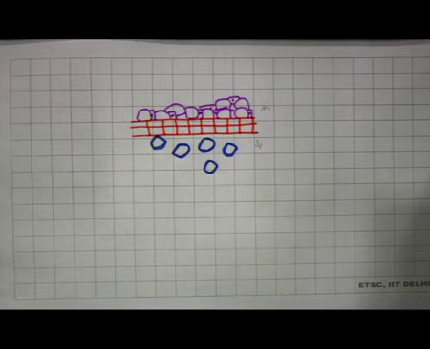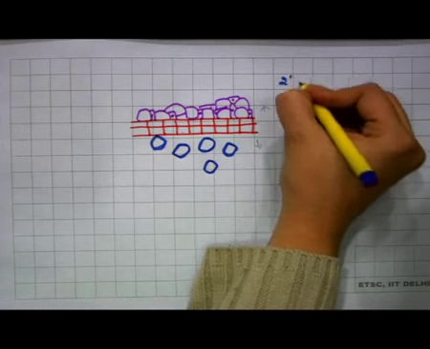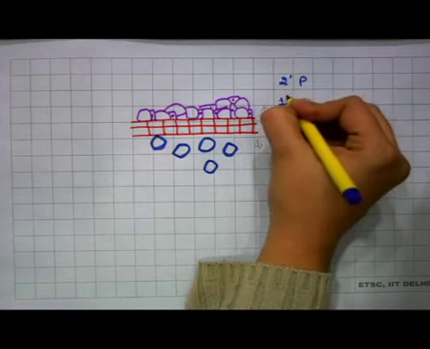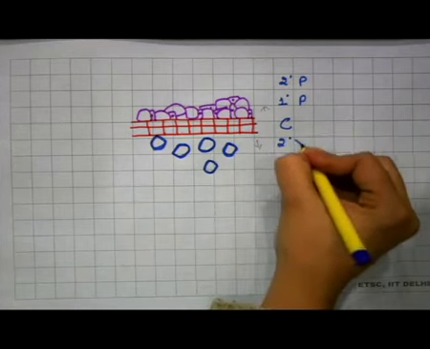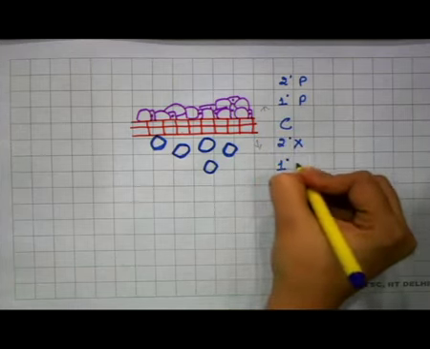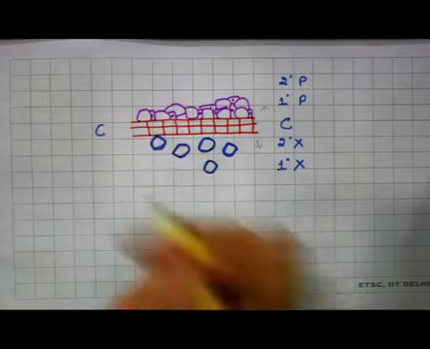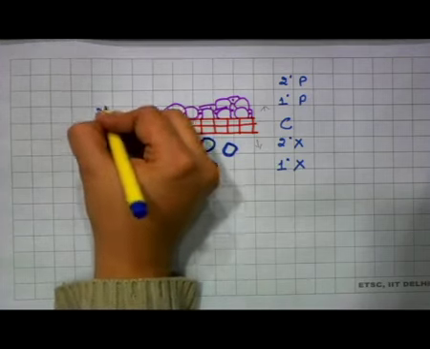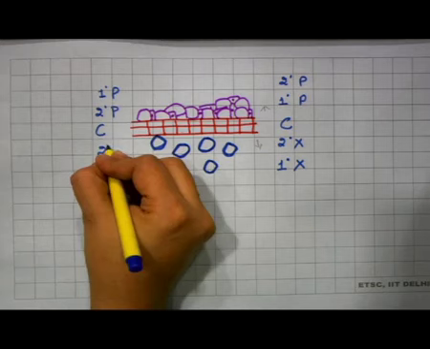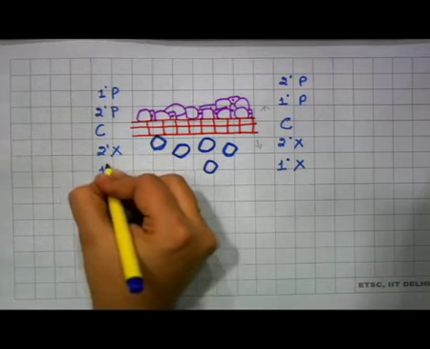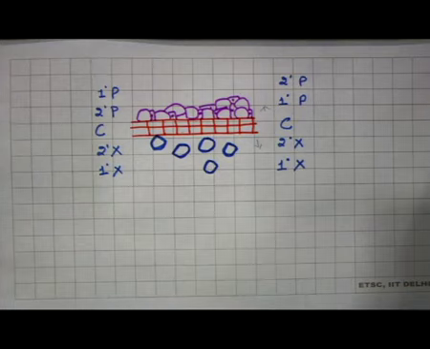Will the order be secondary phloem, primary phloem, cambium, secondary xylem and primary xylem, or will it be secondary phloem, primary phloem, secondary xylem and primary xylem? Which of the two options is correct?